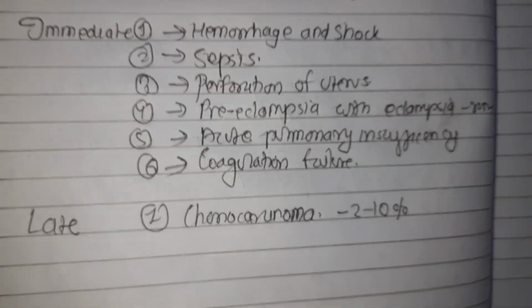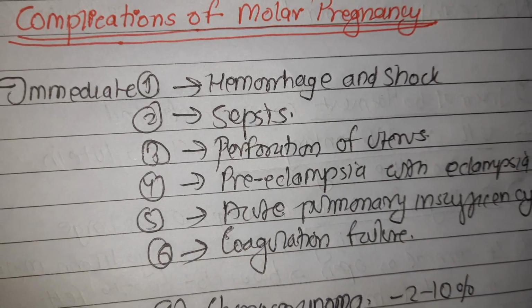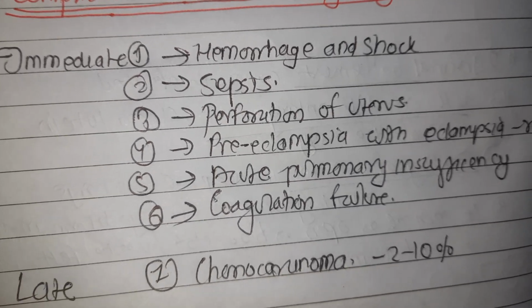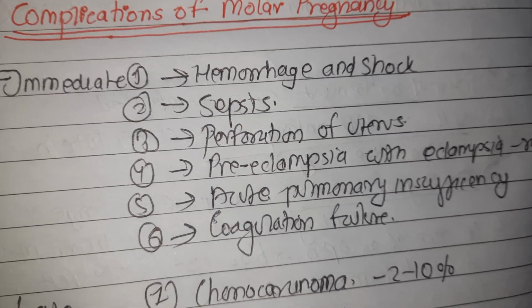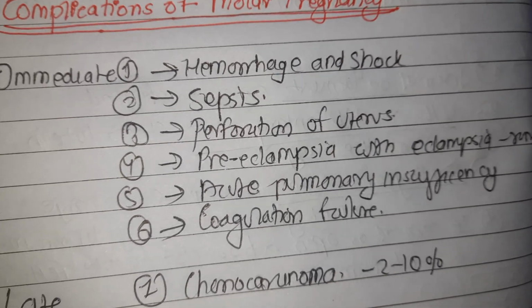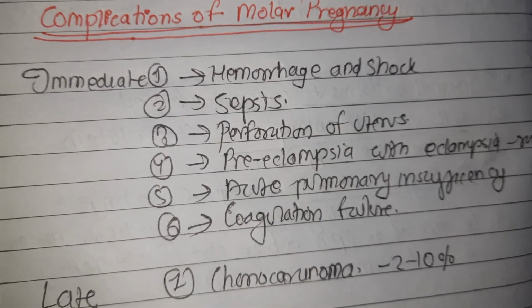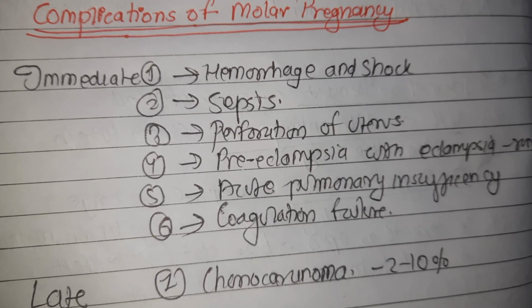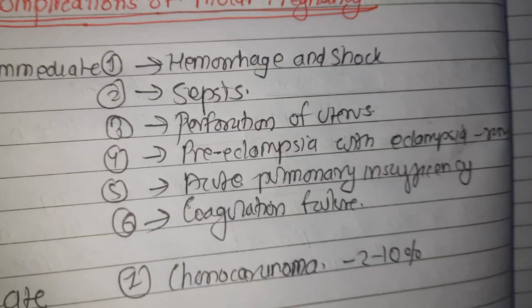O stands for older patient, more than 40 years irrespective of parity, and also the younger patient less than 20 years, adolescent. T stands for theca lutein cyst, a large theca cyst more than 6 cm in diameter.